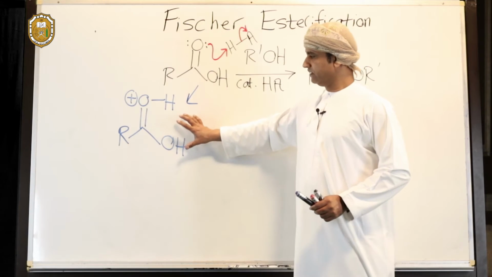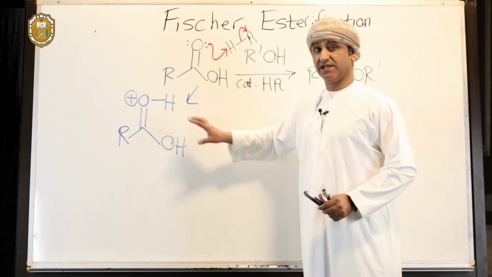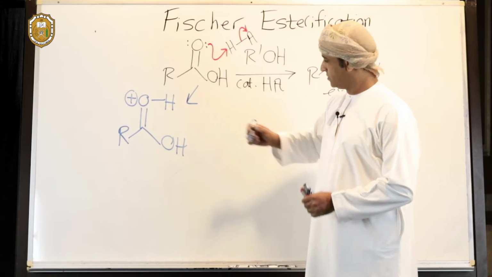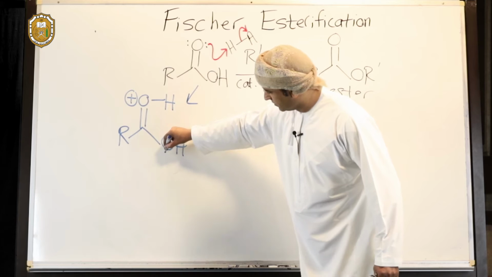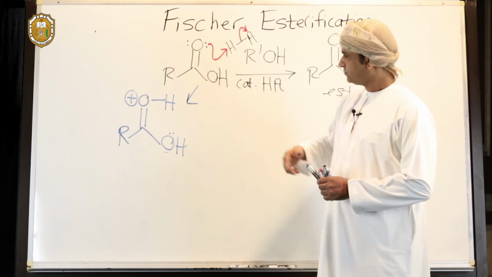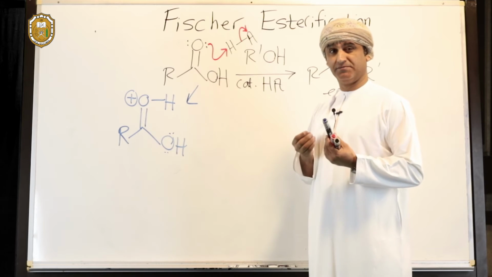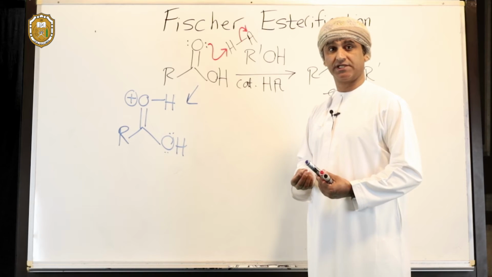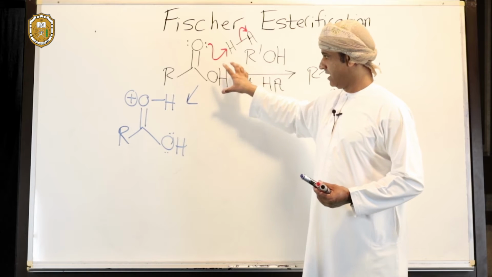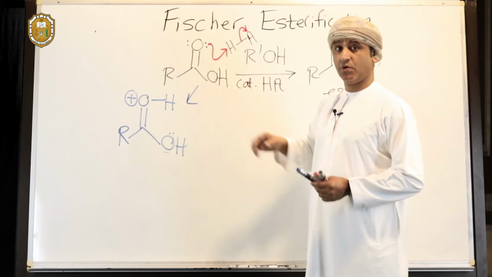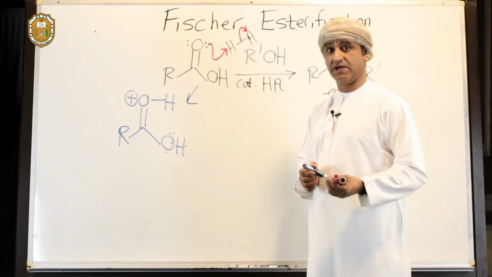Now, we can clearly stabilize this by resonance using one of the lone pairs on this oxygen. Now, if this oxygen, for example, gets protonated, the corresponding conjugate acid, which results after protonation of this oxygen, would not be stabilized by resonance.